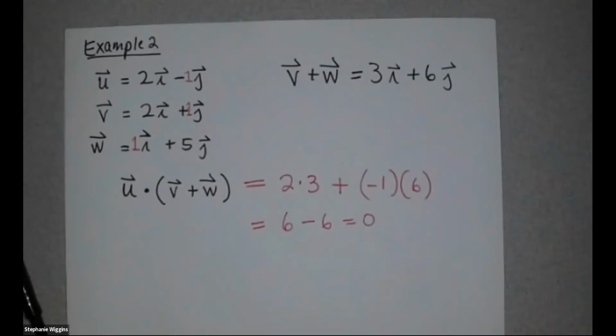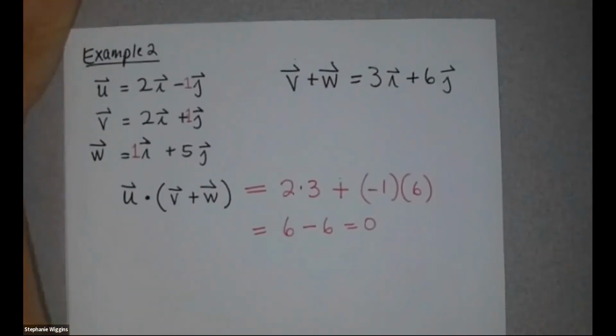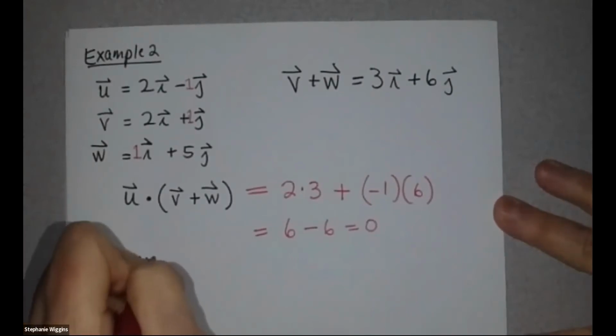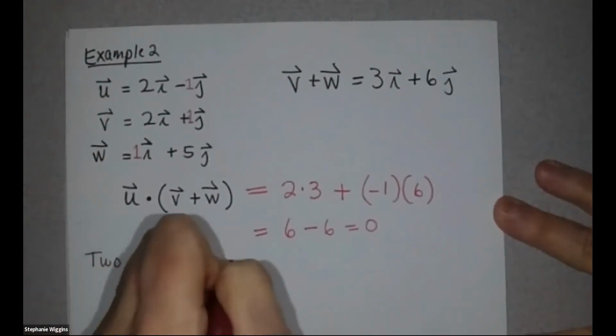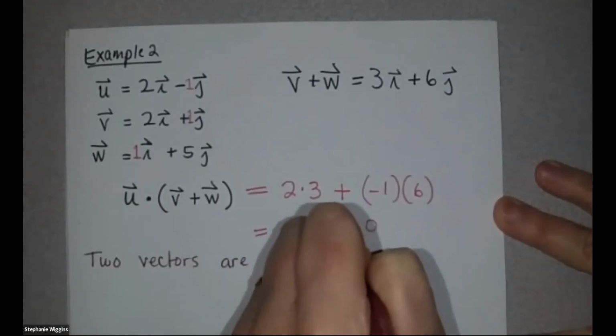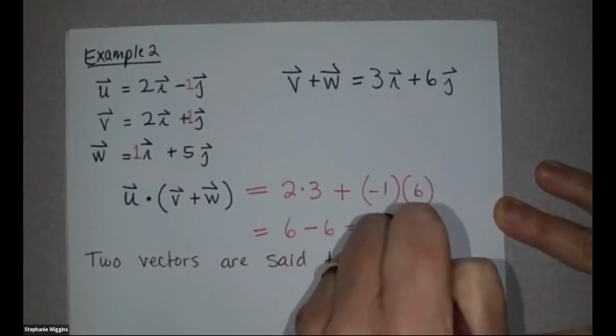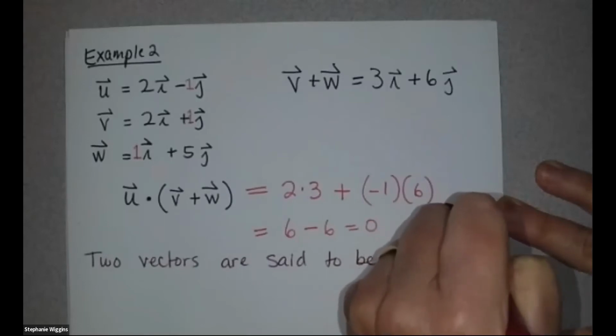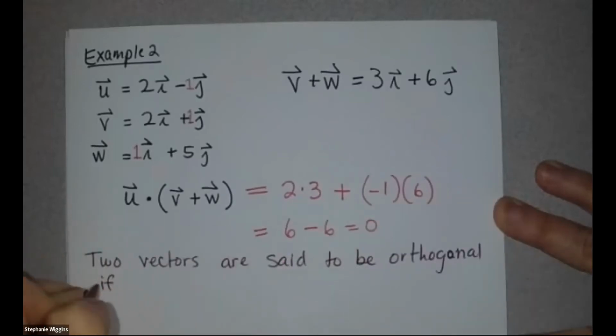I'll make a little note there for you. This is important because I think there's some questions in here about this. Two vectors are said to be orthogonal if their dot product is 0.